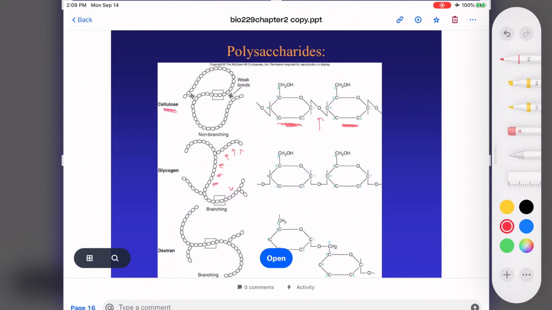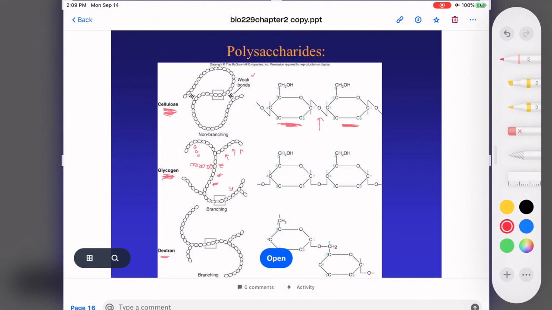Like up here is cellulose. It's very lengthy. It's given a little extra structure by some hydrogen bonds. Glycogen, which is the one that I was saying is long-term storage for a carbohydrate. It's a little more branched. Dextran, a little less branched there. But basically things can branch out in any direction.